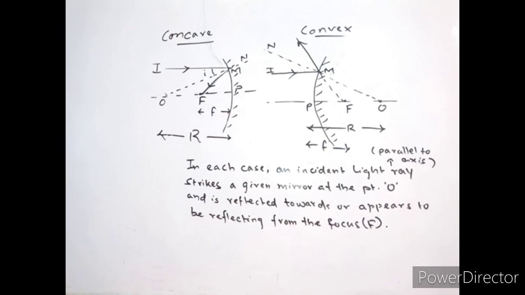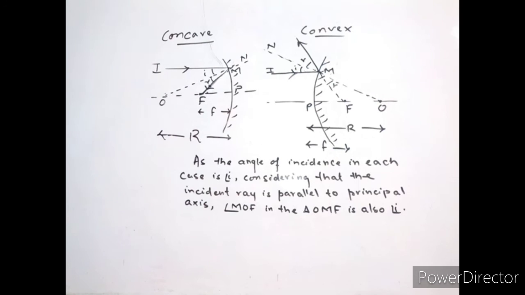On the left we have a concave mirror, and on the right we have a convex mirror. It strikes the mirror at the point M, and it is reflected towards the focus in the concave mirror, and appears to be reflecting from the focus in the convex mirror.